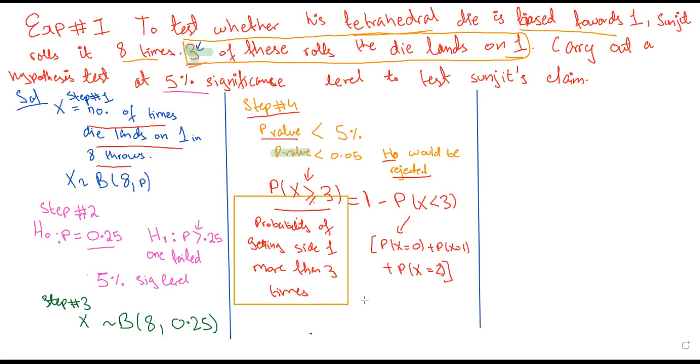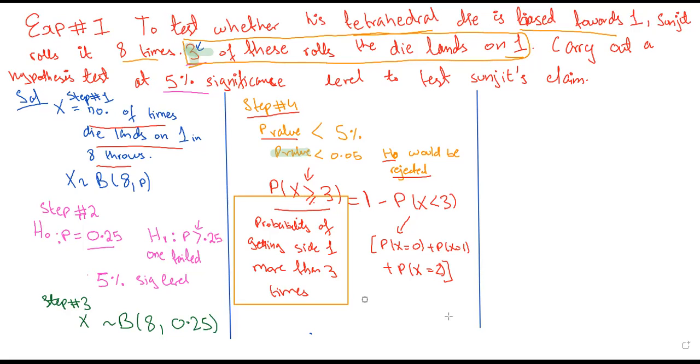Okay, when you find P of X greater than or equal to 3, this basically is the probability of getting side 1 more than 3 times, right? More than or equal to, because we have the more than or equal to sign here, right? So look, I repeat, I'll explain everything again. Don't think that this is a fixed method.